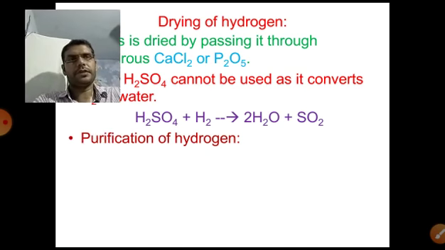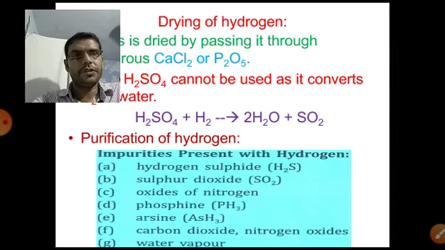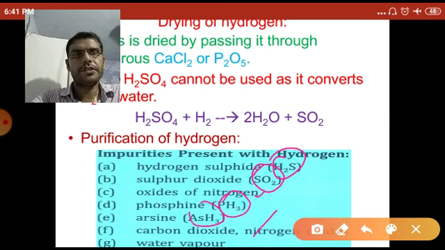Purification of hydrogen. Hydrogen contains a lot of impurities. For example, hydrogen contains hydrogen sulfide, sulfur dioxide, nitrogen oxide, phosphine, arsine, carbon dioxide, and water vapor.